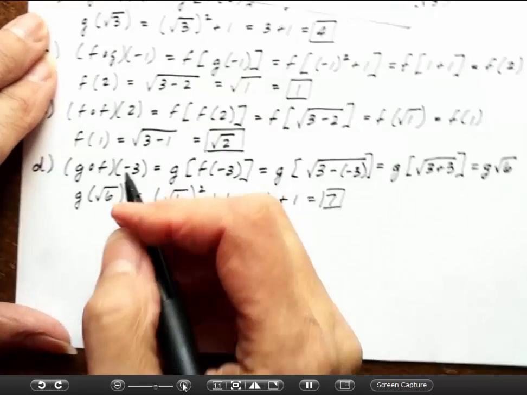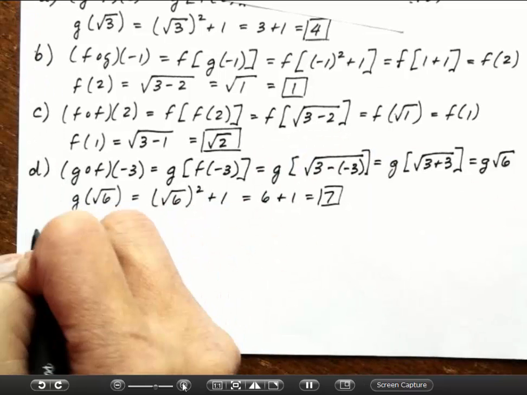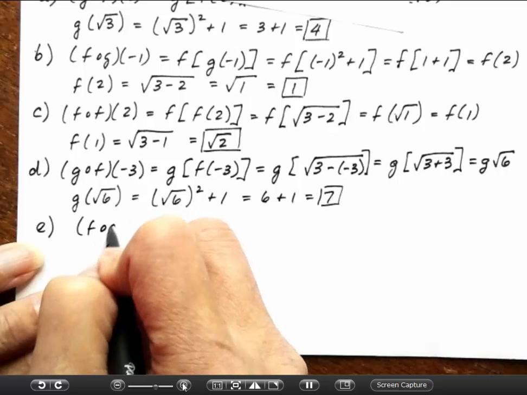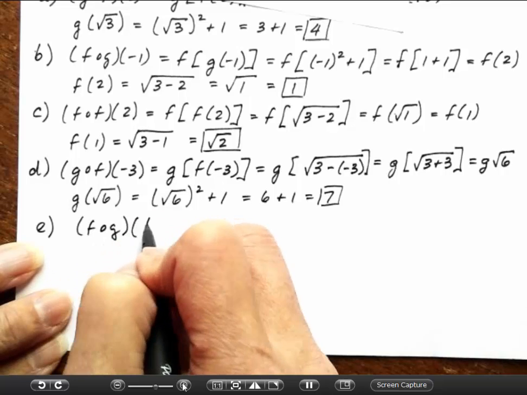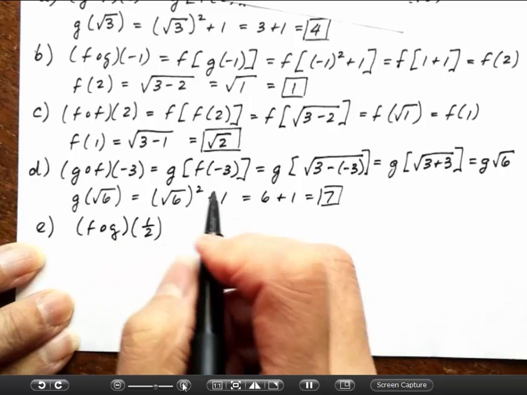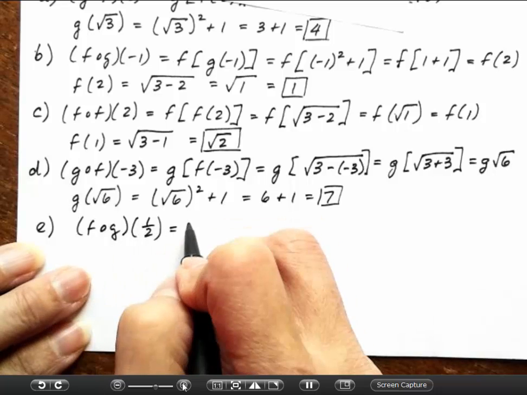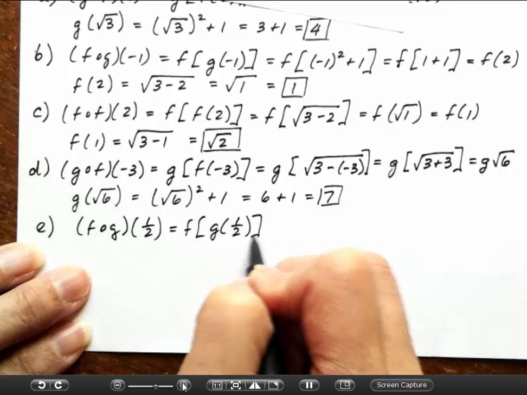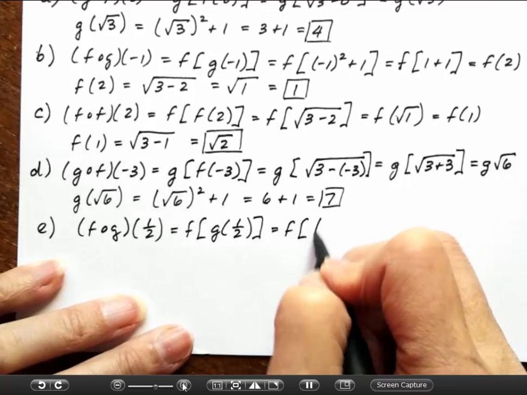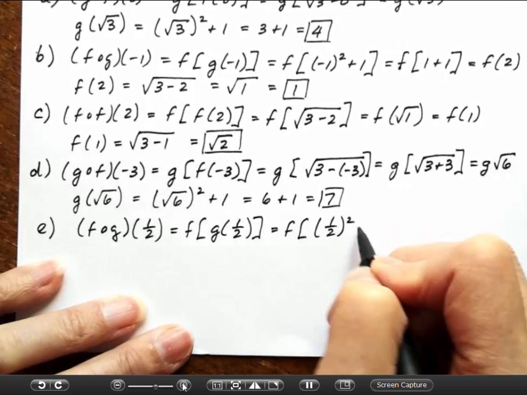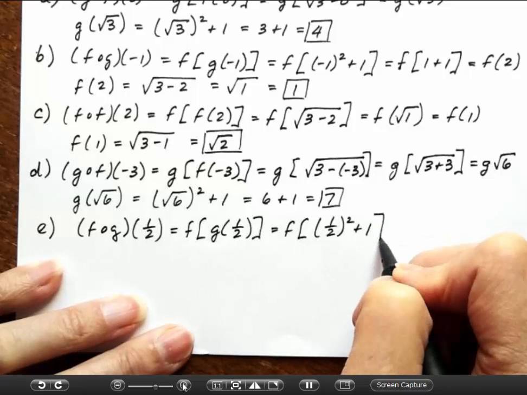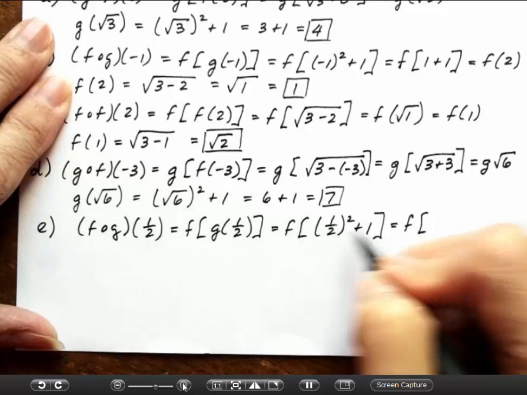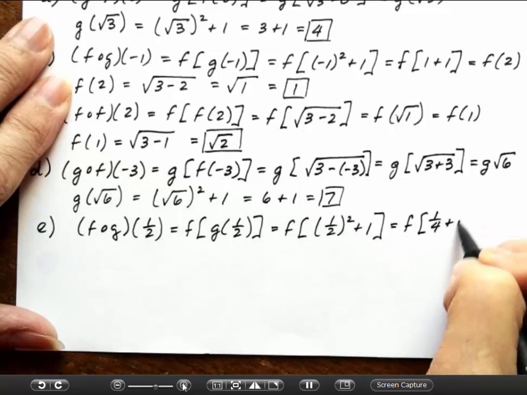The next one tells me I need to find f of g of 1/2. So rewriting, I'm going to put 1/2 into my g function. So I'm going to have 1/2 squared plus 1. This gives me f of 1/2 squared, which is 1/4, plus 1.